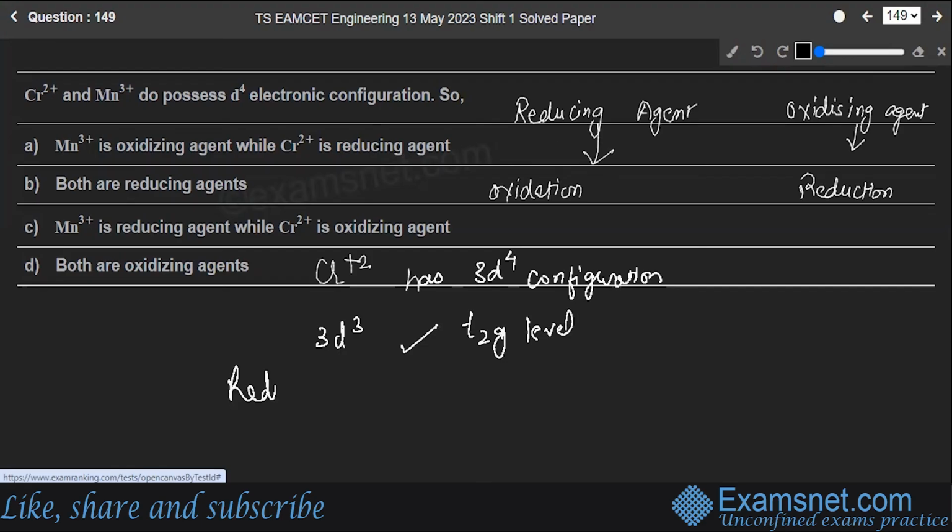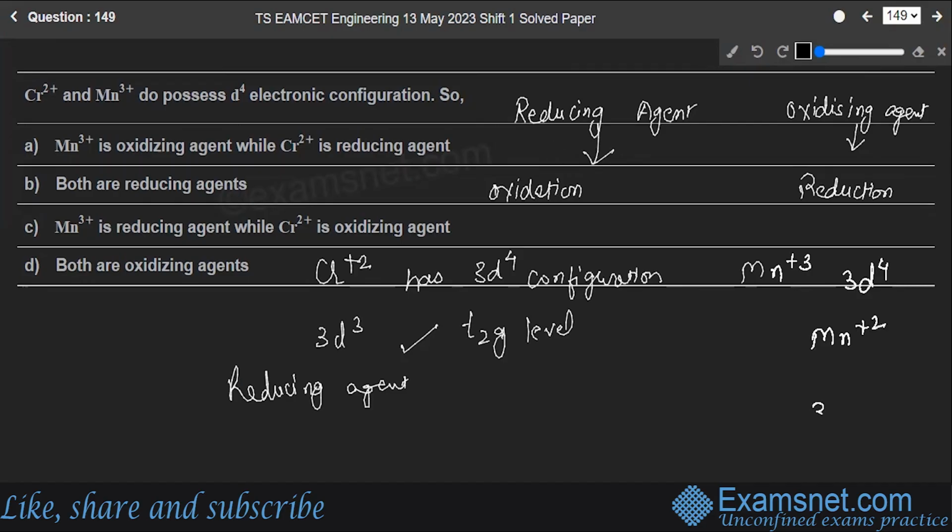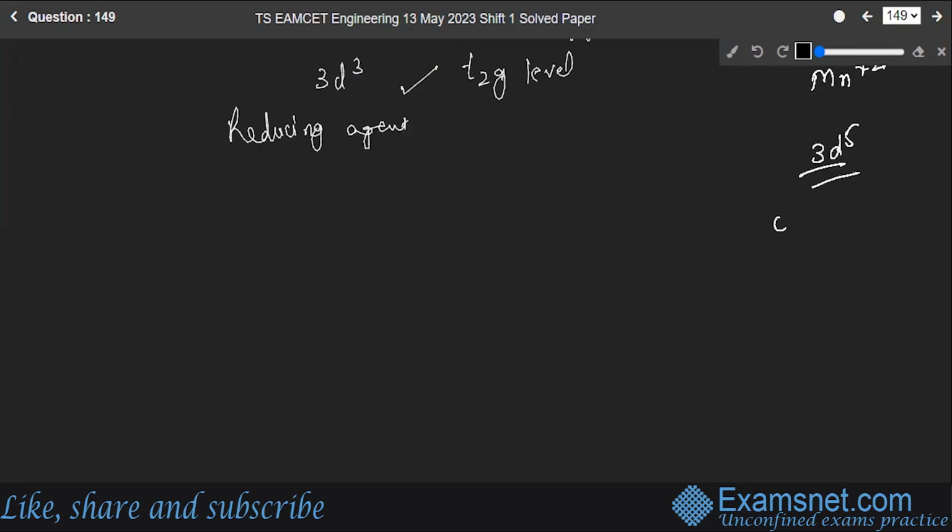Therefore, this is a reducing agent. Whereas Mn3+ has 3d4 configuration and it will gain an electron to form Mn2+, which has the stable 3d5 configuration. Therefore, this is an oxidizing agent.